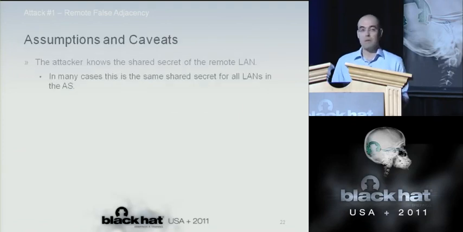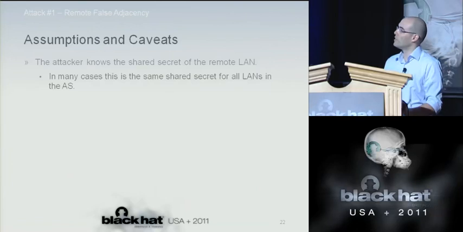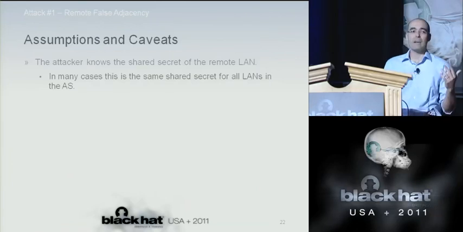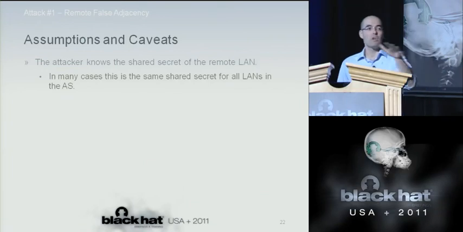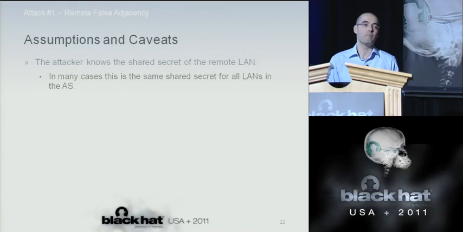Now, there are some assumptions and caveats to this attack, which make it a little weaker. First, we assume that the attacker knows that the shared secret on the autonomous system is equal everywhere. This is indeed the case for many autonomous systems, but it doesn't have to be that way.